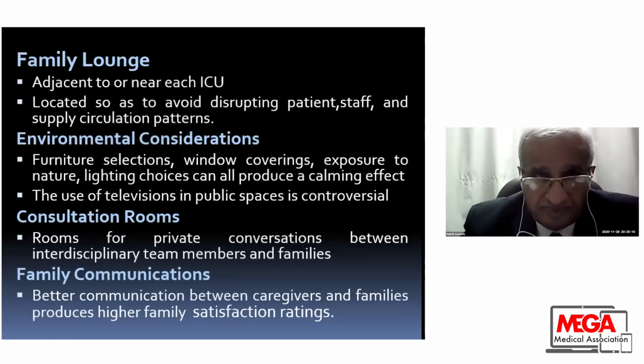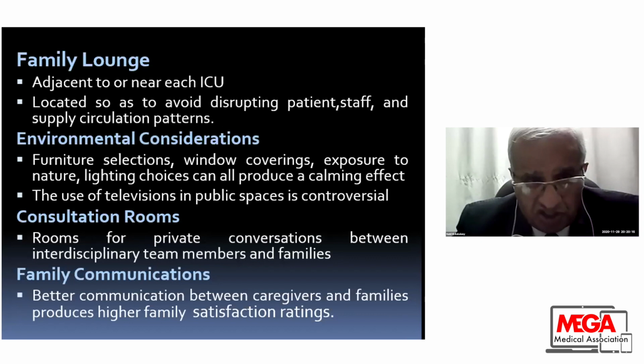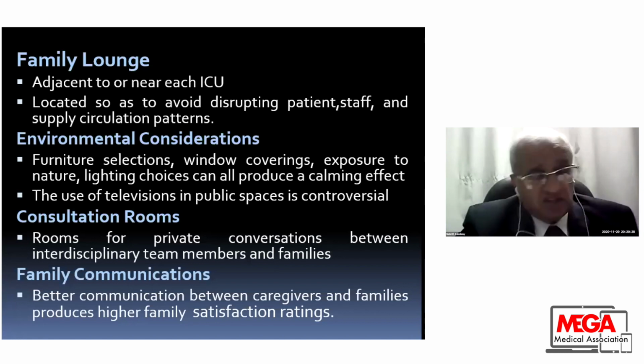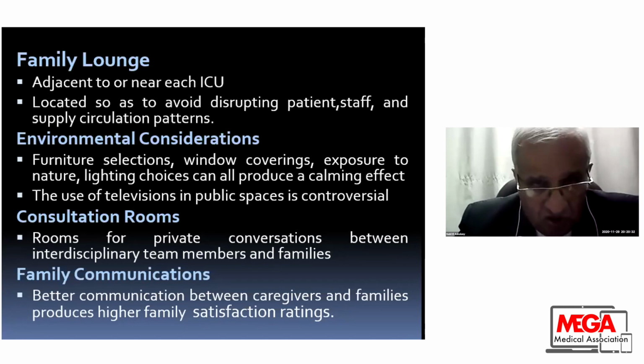A family lounge adjacent or near the ICU. Environmental considerations: furniture selections, window coverings, exposure to nature, lighting choices can all produce a calming effect. The use of televisions in public spaces is controversial. Some agree, some disagree.